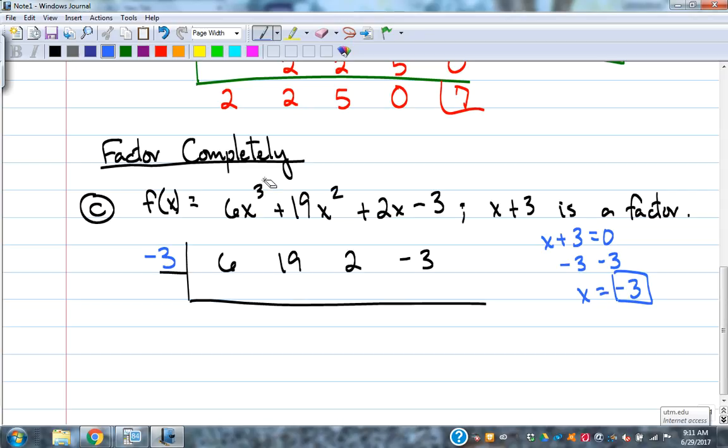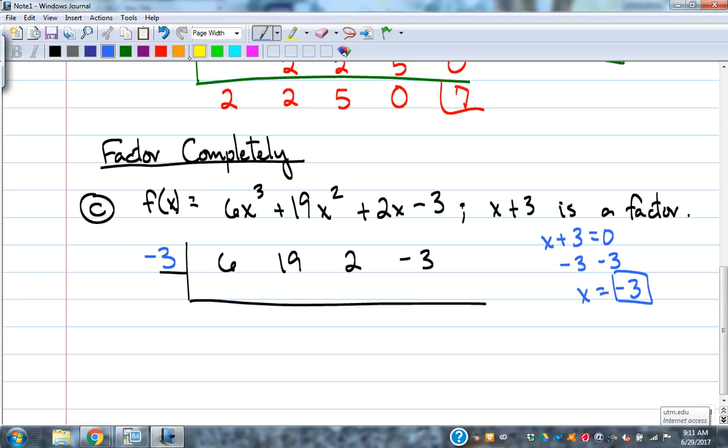When we do this synthetic division with x plus 3, they told us it's a factor, so the remainder better be 0, or they lied to us. They're not going to lie to you. So the remainder is going to be 0 if we do it correctly. That's going to break it down into an x squared problem, and we know how to work with those.